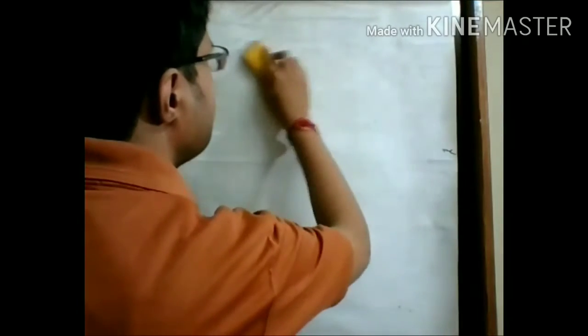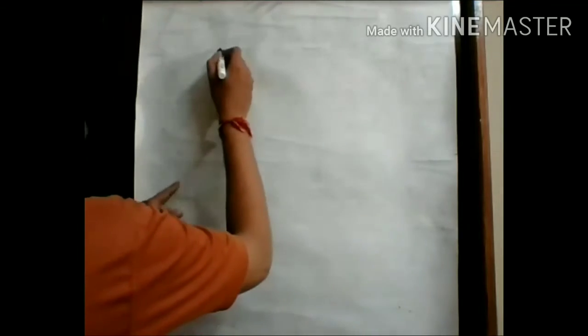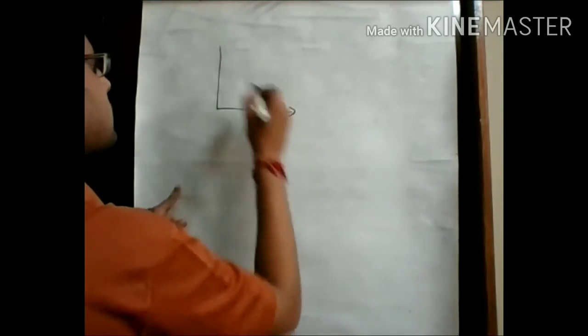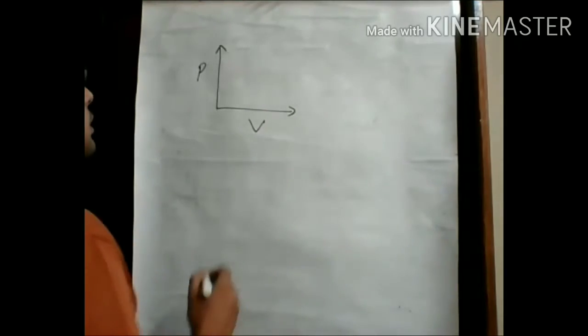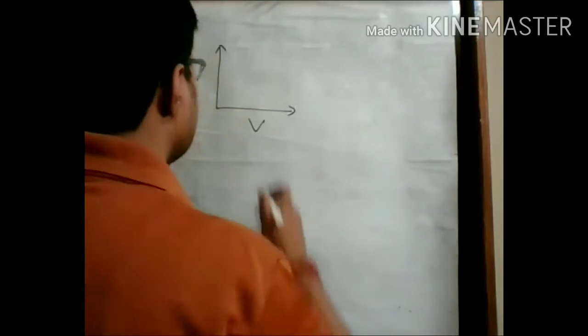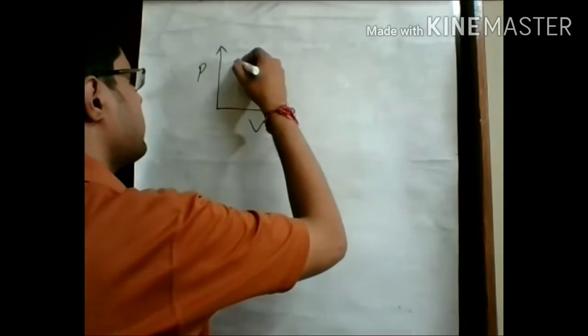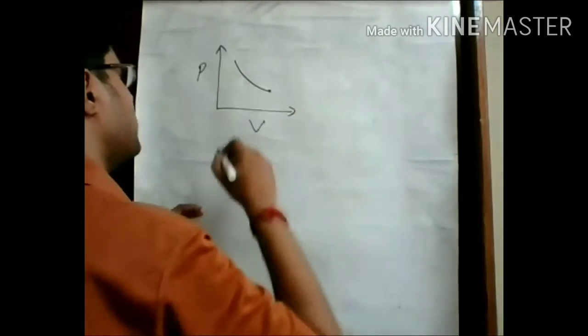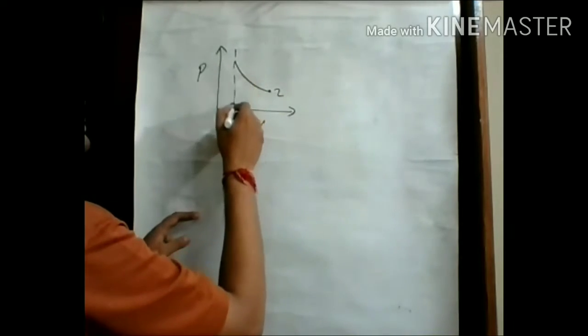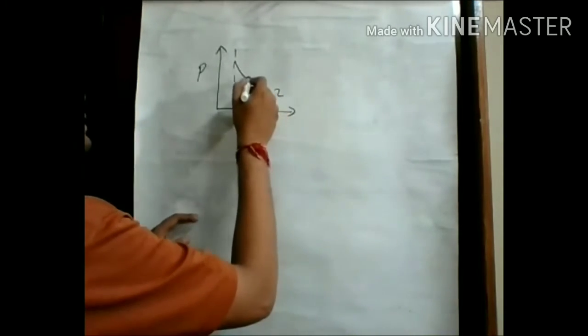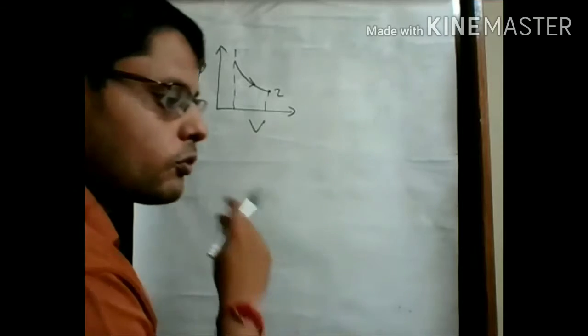Suppose this is the PV diagram, and we want to calculate work done from the first position to the second position, with the process happening from 1 to 2.